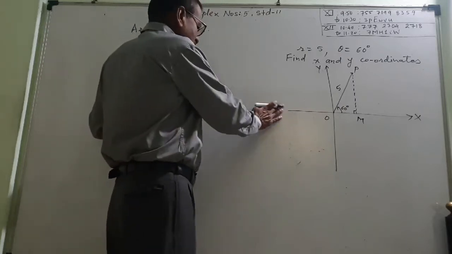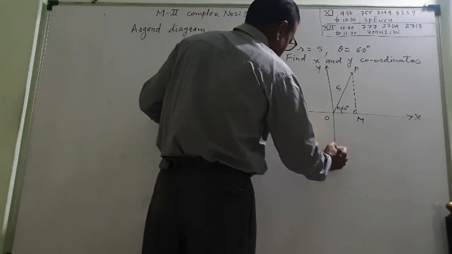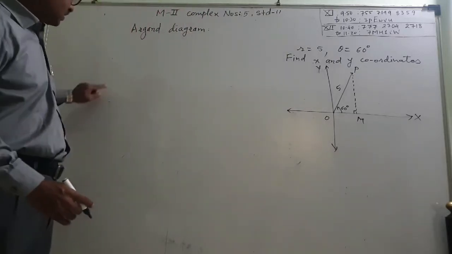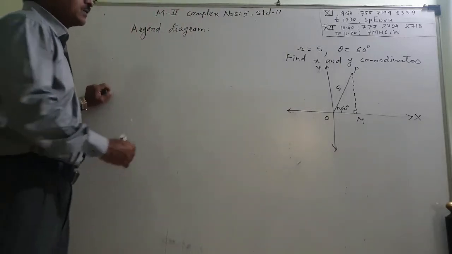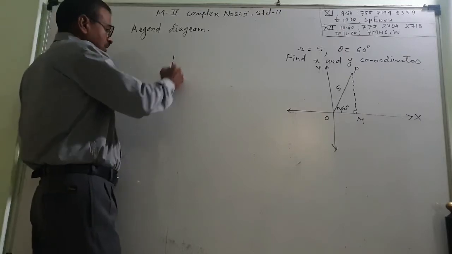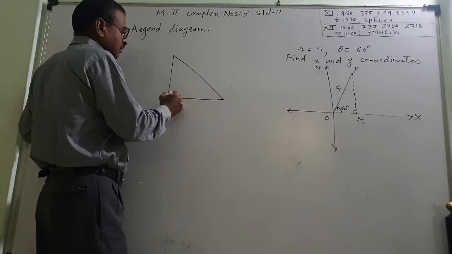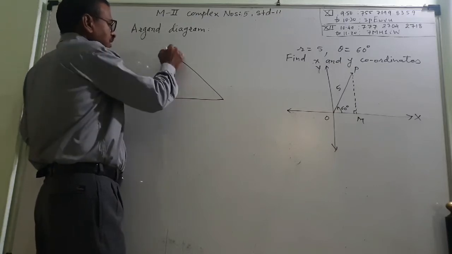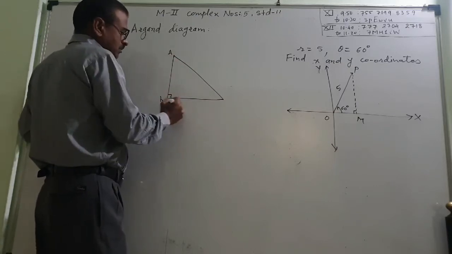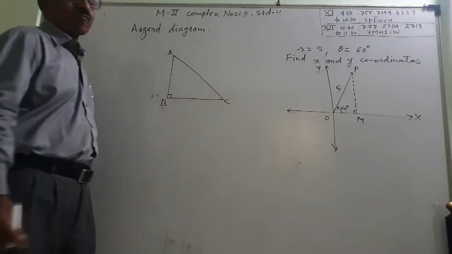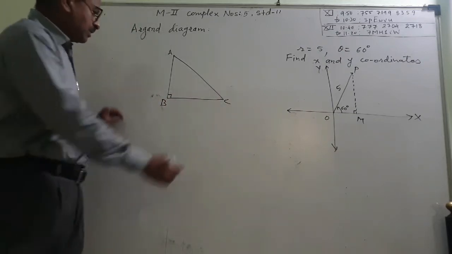Now I will teach you some of the trigonometric ratios, how to find the trigonometric ratio. That also in this lecture I will tell you. In any right angle triangle like this, A, B, C, this is the right angle triangle. This is your theta.